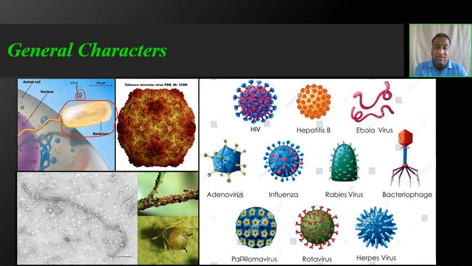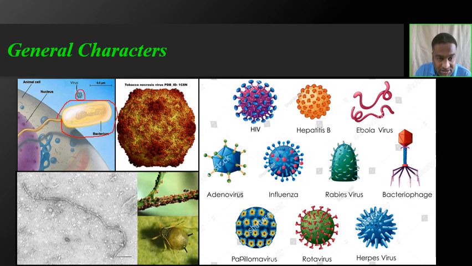Now we will see the examples which are related to the size of the virus. Actually, the size of the virus ranges between 10 nanometer to 500 nanometer. But here are some examples which show the size of the virus.